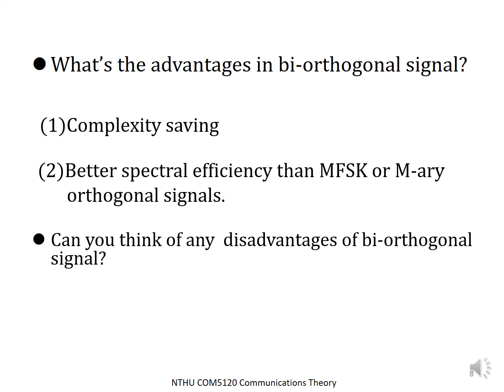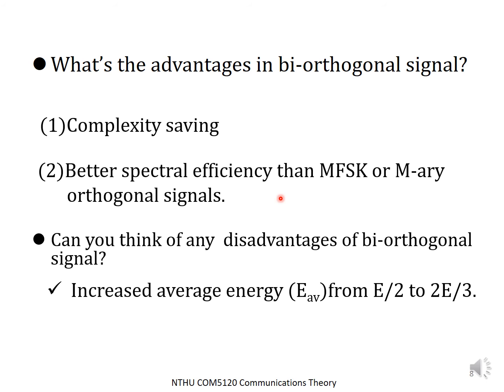Can you think of any disadvantage of bi-orthogonal signaling? There's not really a free lunch with these two major advantages. The price we have to pay for bi-orthogonal signals is the average energy.